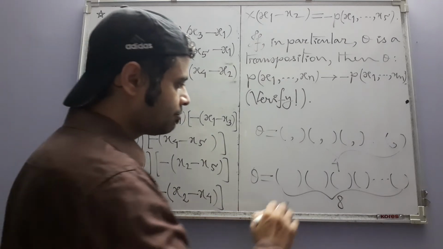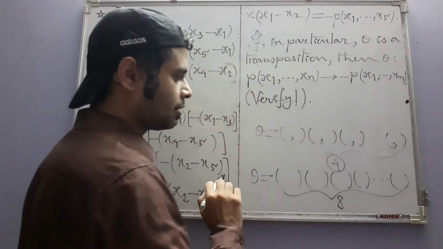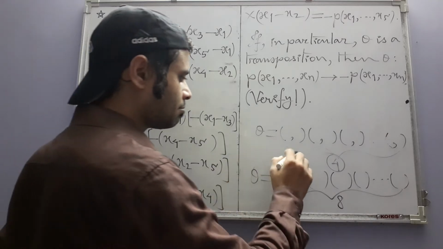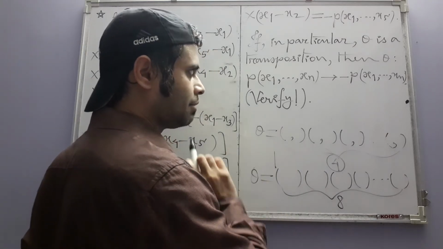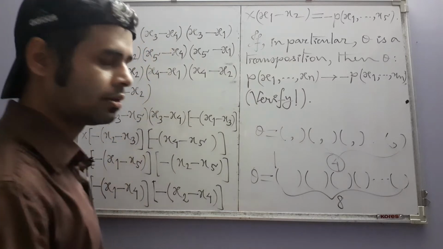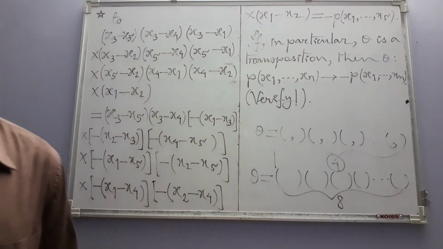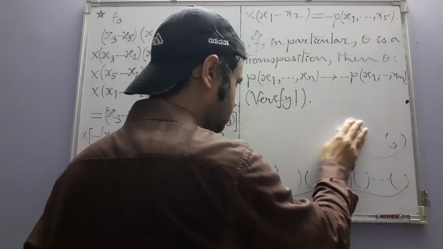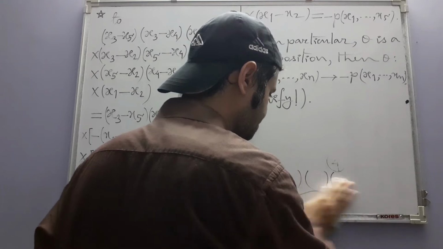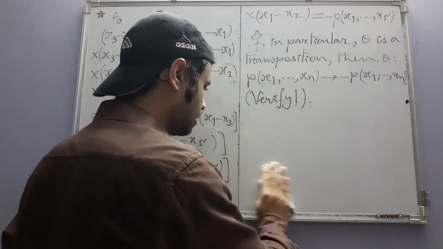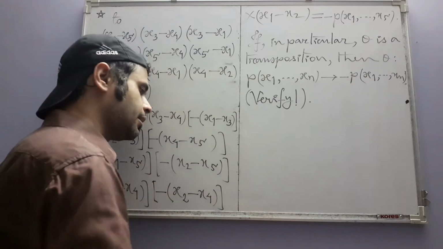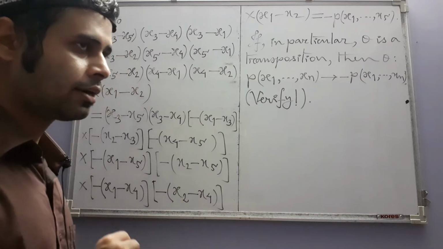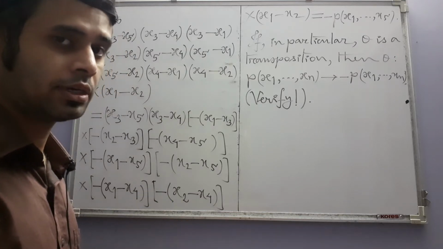And if this number is not even, then you will end up with minus p. In particular, if this number is exactly 1, then you have minus p, and that is what we have written here. Now if you believe this fact, which we will anyway prove in the exercises, then it becomes clear that once you express theta as a product of an even number of transpositions, that same theta cannot have an expression as a product of an odd number of transpositions.